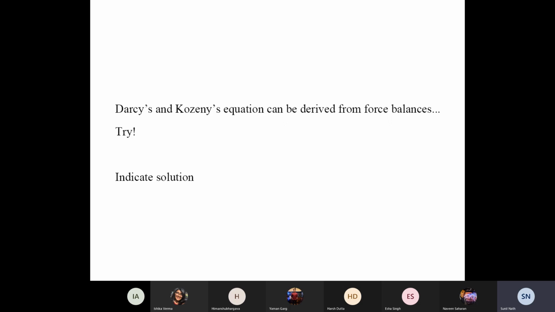How much total surface would the bed have due to the particles? Obviously, whatever you found out times capital S. So the total surface would be capital S into L into 1 minus E.